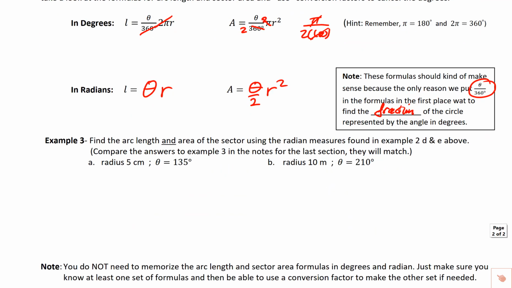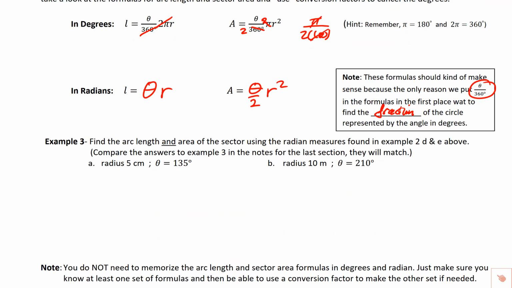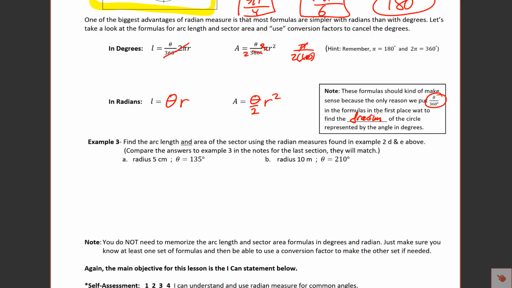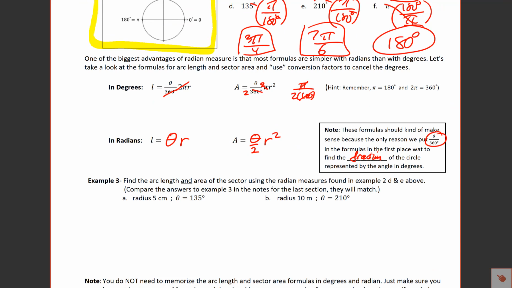So you're going to need the measurements that we were just converting, so I need to make this just a tad smaller. On this it says find the arc length and the area, radius of 5 and an angle of 135 degrees. But let's change that to radians. You got the answer up here. 135 degrees is 3 pi fourths.